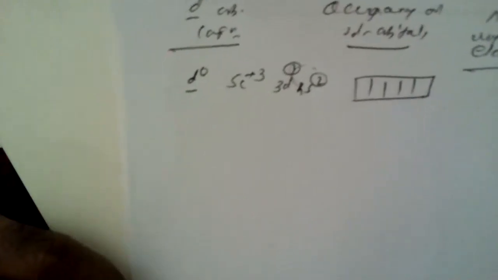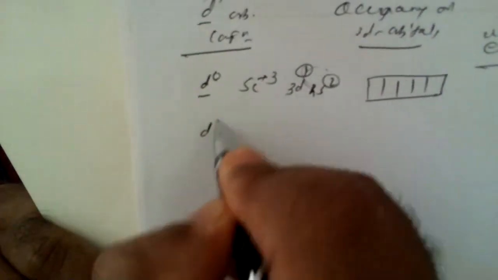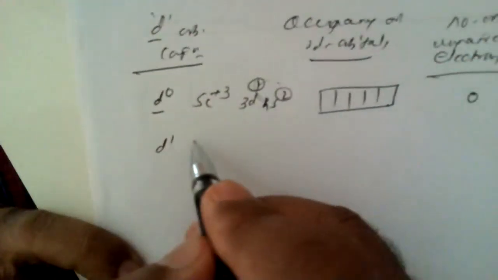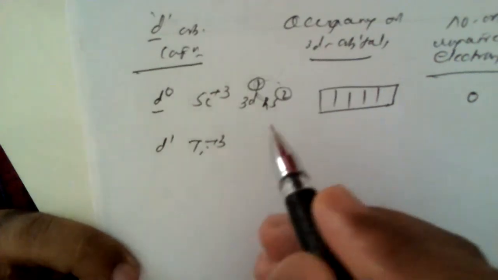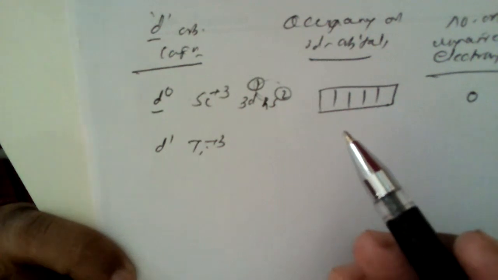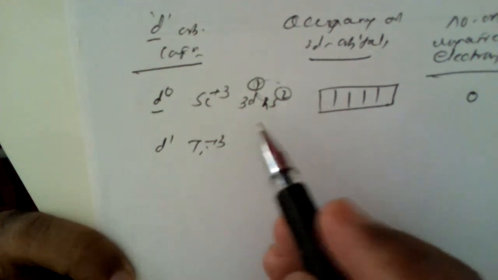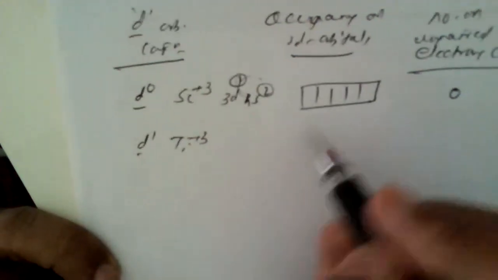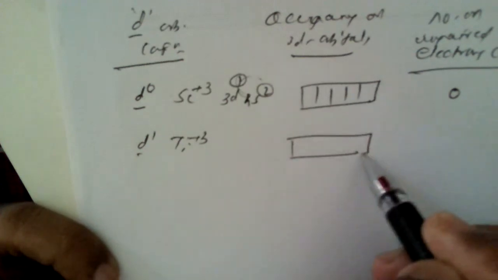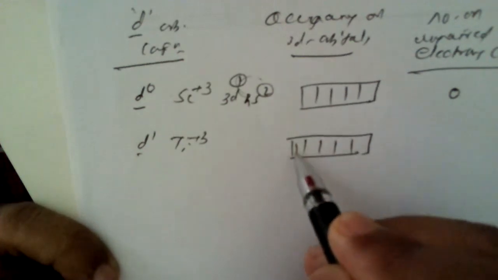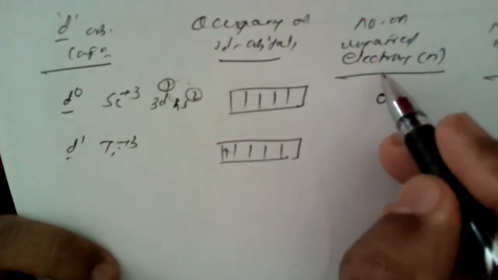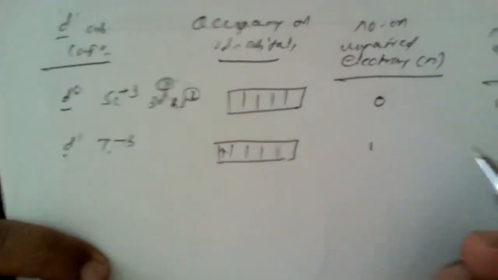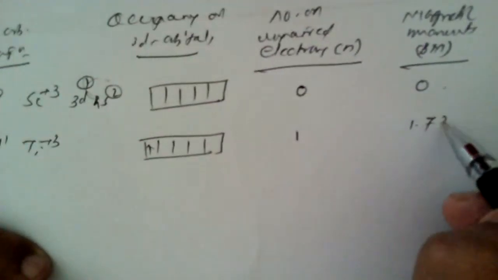Now, if we move one step further, that is the d1. For example, Ti+3, 3d2 4s2, loss of 3 electrons leads to d1 configuration. If you write side by side, that is very good for you. Number of unpaired electrons 1, and for 1 unpaired electron it is 1.73.